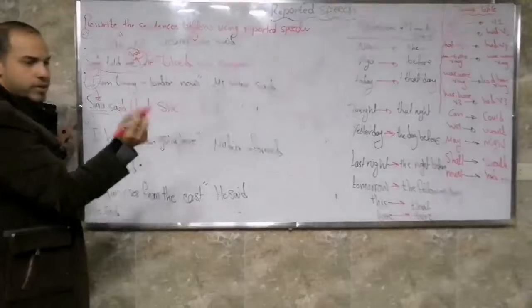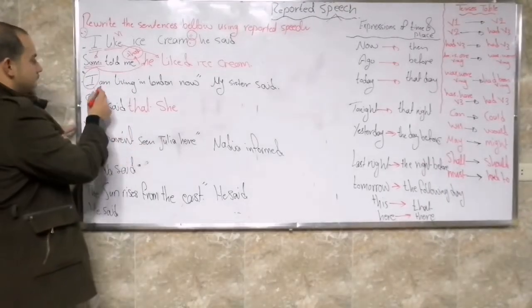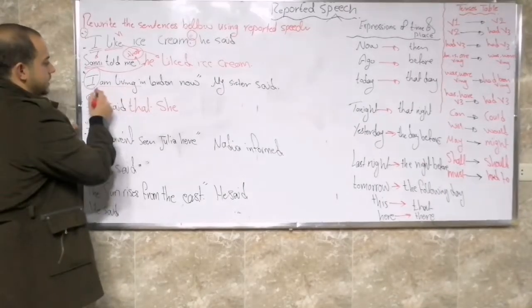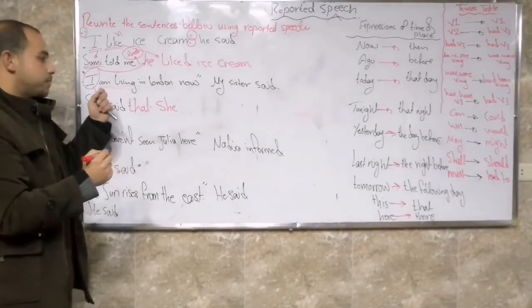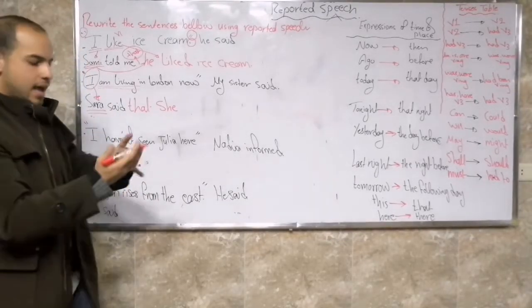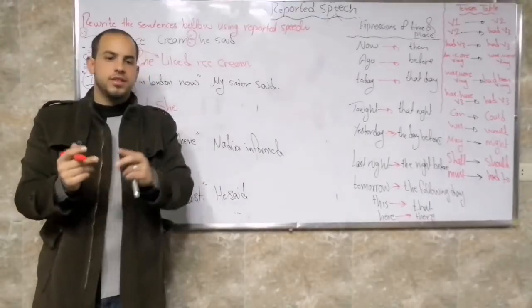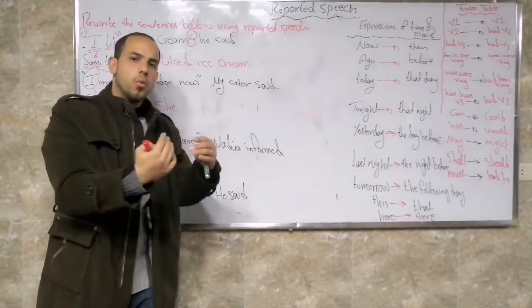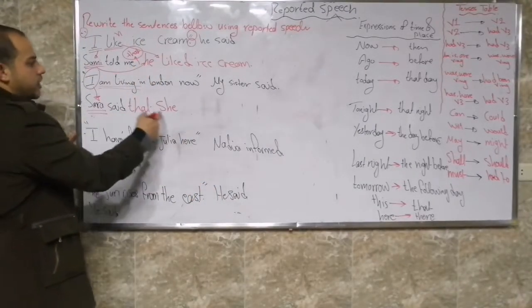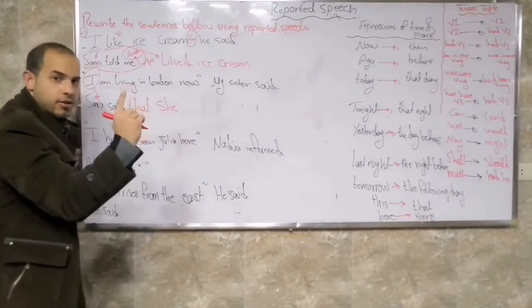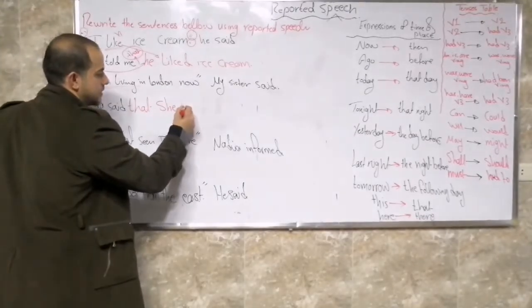Let's change the tense. What is the tense? Am living. Excellent. Am living as the tense. This is a present continuous. Am, is, are change to was and were. Excellent. So, because here we have she, and she is singular, so we use was.